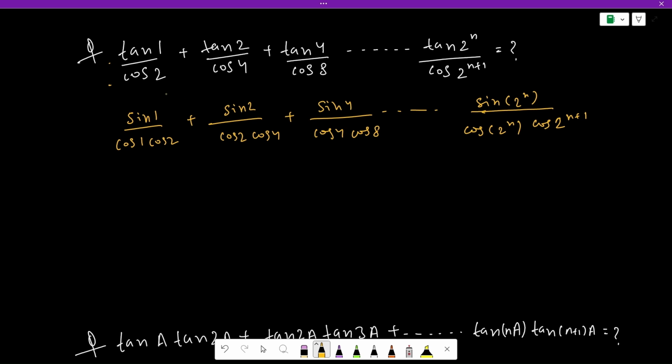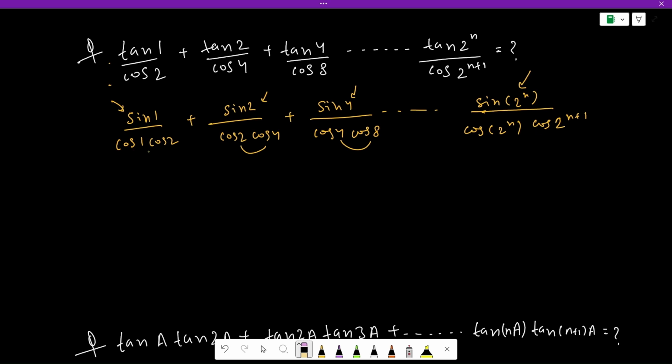Now we by default have a sine term in the numerator, and also if you observe, their difference is present in the numerator, right? Here also 2 to the power n plus 1 minus 2 to the power n is equal to 2 to the power n only. That is in the numerator. So we don't have to do any multiplication or division in this.